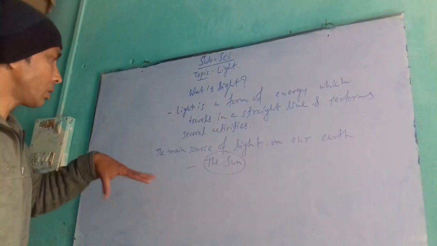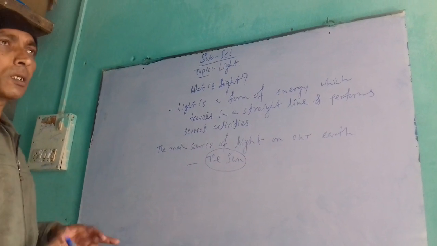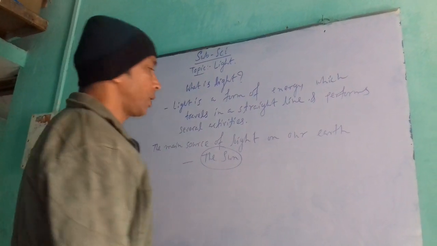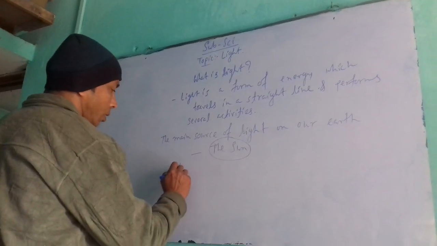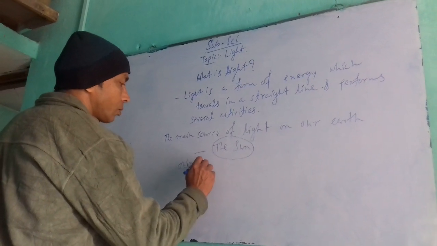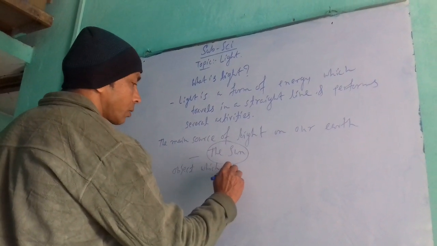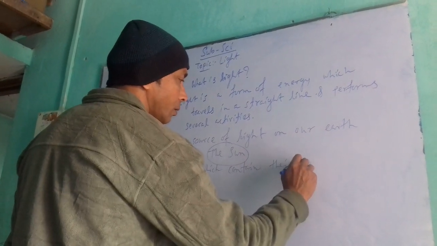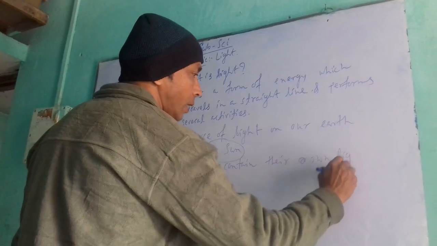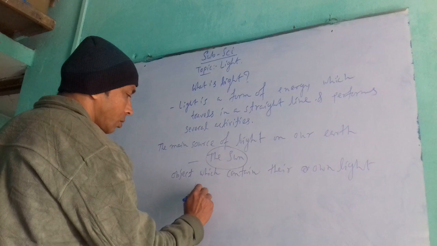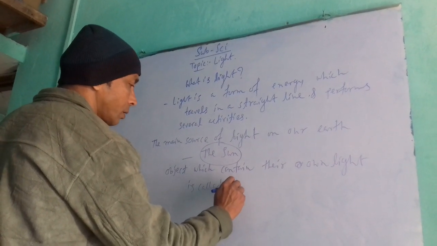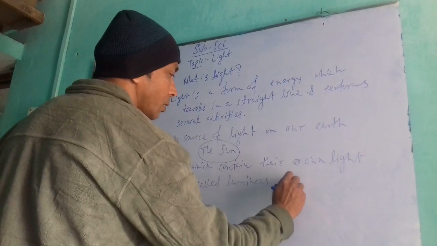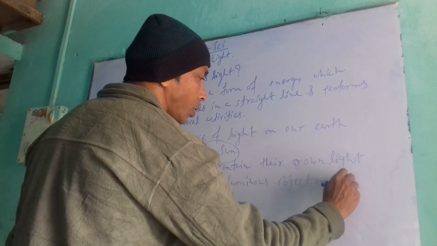So on the basis of the light capacity, light produced, the objects are of two kinds, luminous and non-luminous body. The object which contains its own light is called a luminous object or body.